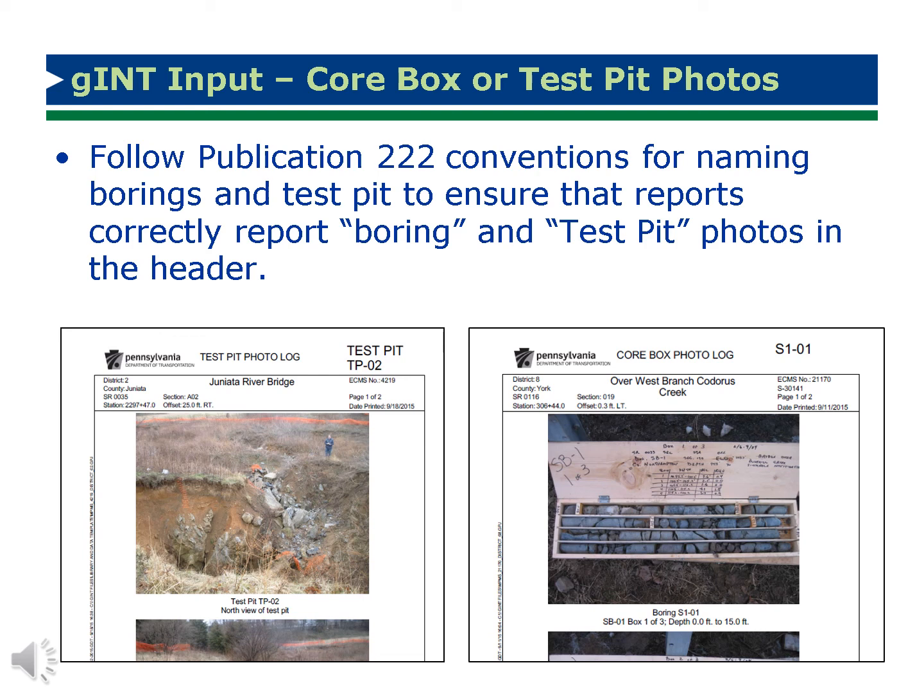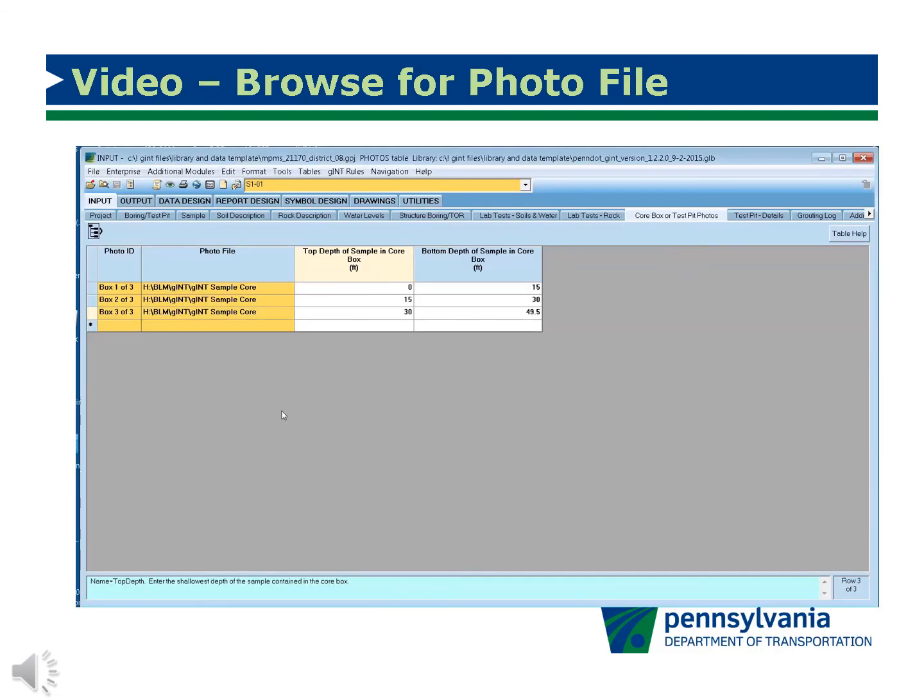If the boring ID entered for the Boring Test Pit tab for a test pit is not TP, GINT will assume that the photos are of core borings and the core boring test pit photo log will indicate only the borehole identification for the test pit photo logs. If the boring ID starts with TP, the reports will indicate test pit. Following the Publication 222 naming conventions for borings is important.